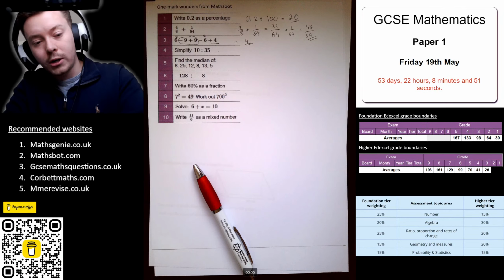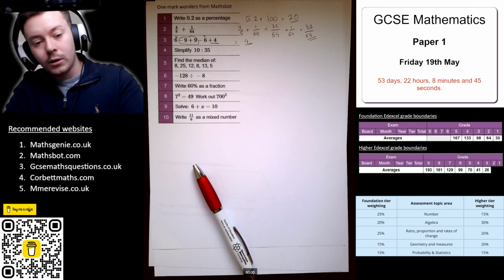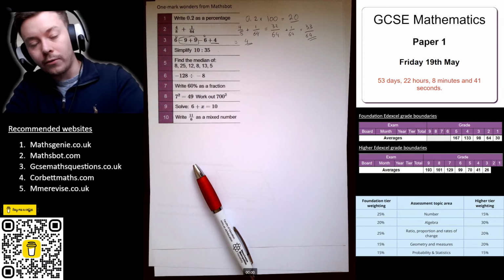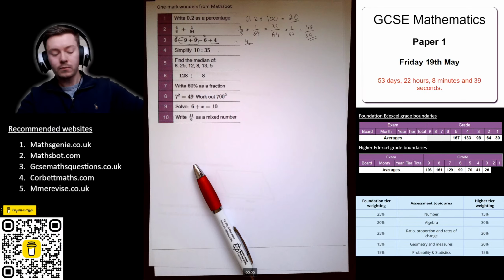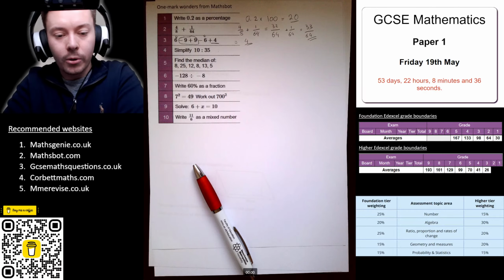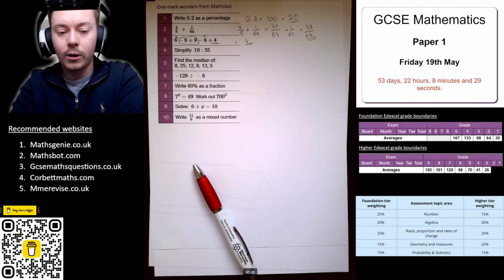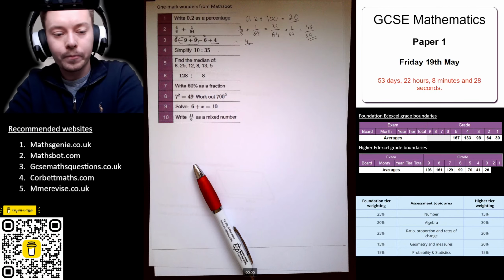So I can divide both of these by 5, so that will give me 2 to 7. Now, nothing else goes into 2 and 7 apart from 1, so that's fully simplified. And if nothing else goes into the numbers apart from 1, then they're called coprime.